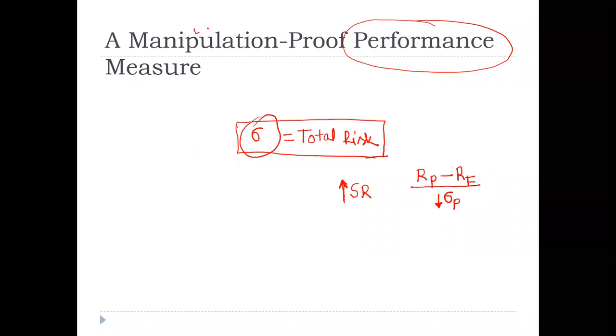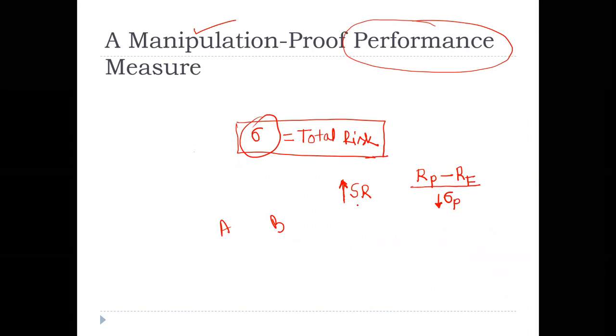If we compare two funds, A and B, we have been taught in class to go for the fund whose Sharpe ratio is higher. So we need to be aware of the fact that the Sharpe ratio may go up without having any new information.